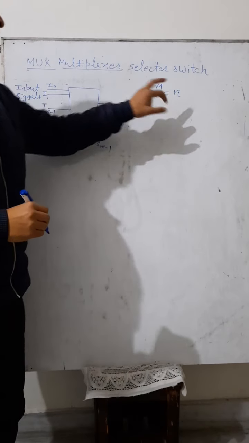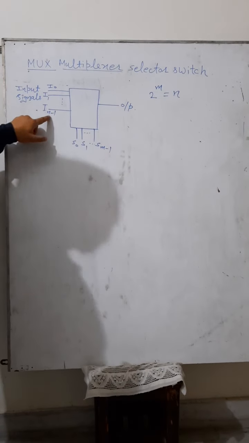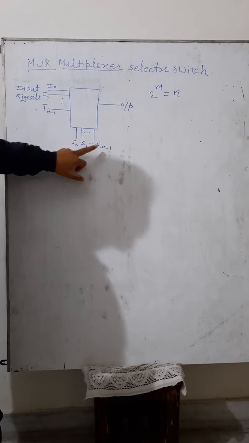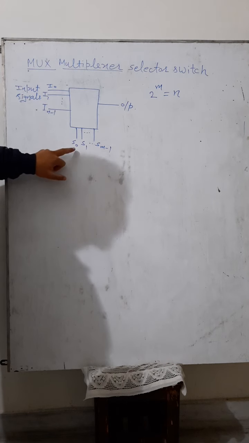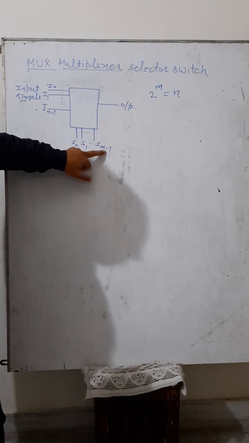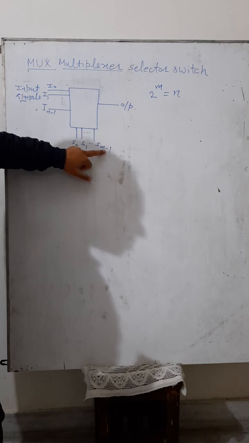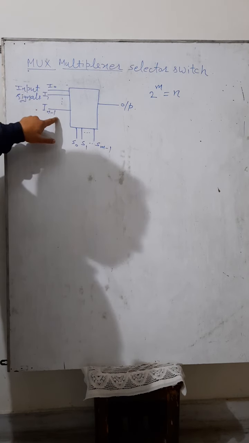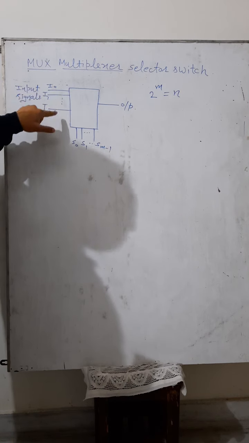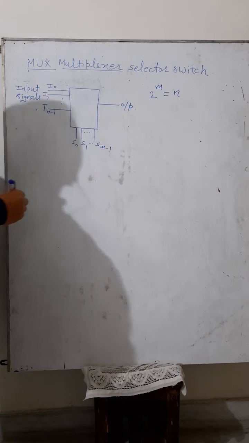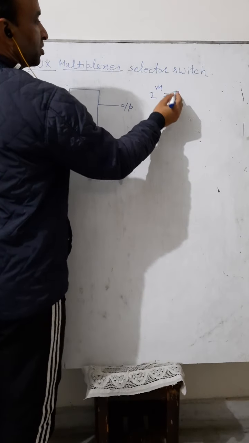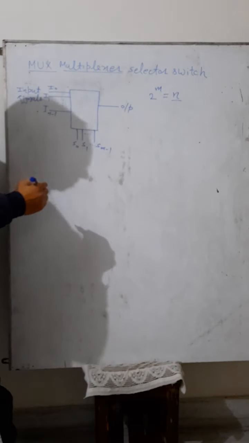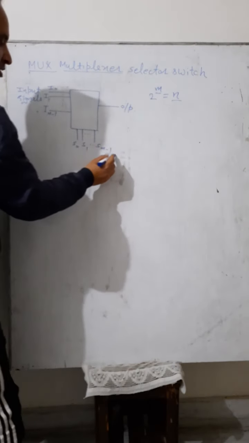N is the number of inputs and m is the number of select signals, because this is 0 to m minus 1, so total m select signals, and here inputs are 0 to n minus 1, so n number of input signals. Okay, so this will be the formula: 2 raised to power m is equal to n. For n number of input signals, there will be m number of select signals.